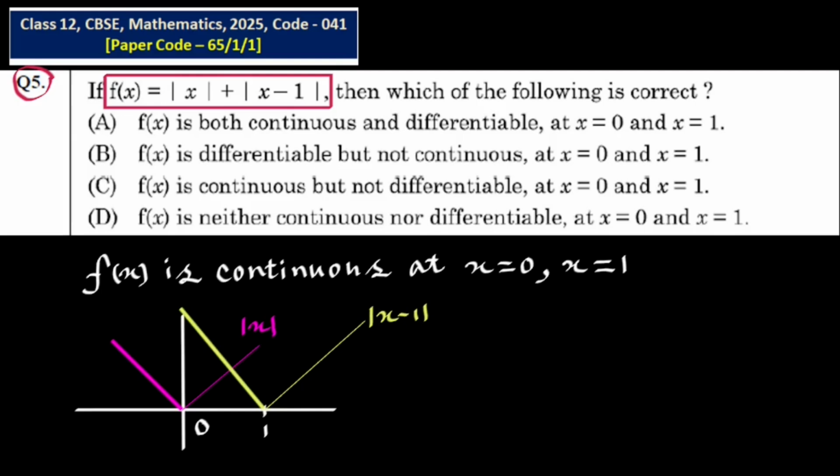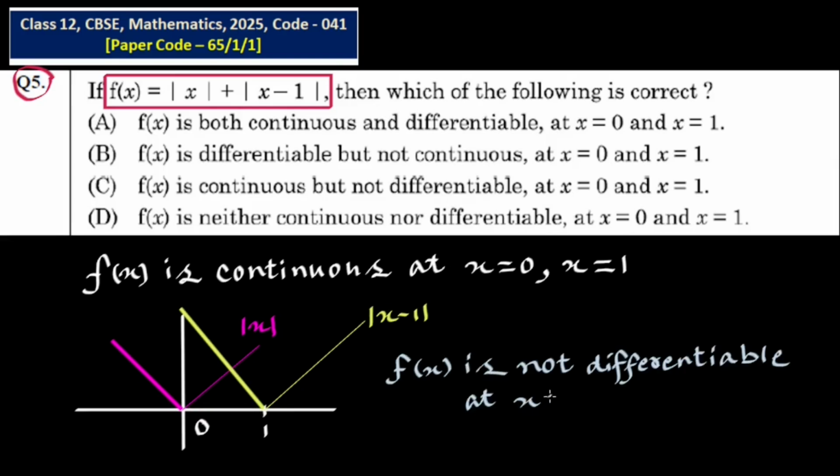The critical points are 0 and 1, and at these critical points there are sharp corners where derivative does not exist because the slopes of the lines emerging from these critical points 0 and 1 are different, one positive and another negative, which tells us f(x) is not differentiable at x equals 0 and x equals 1.